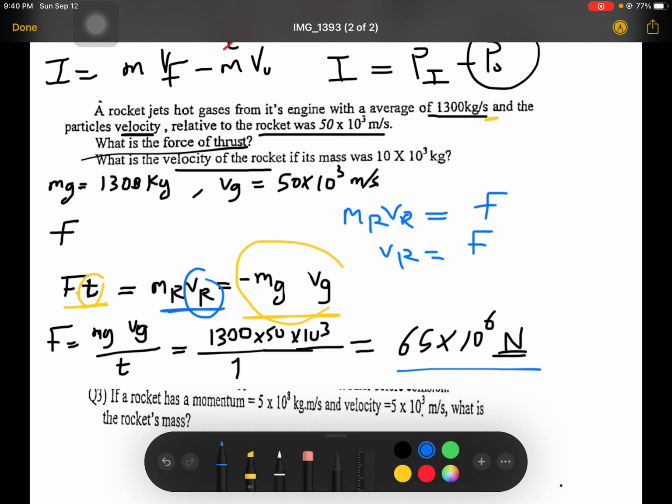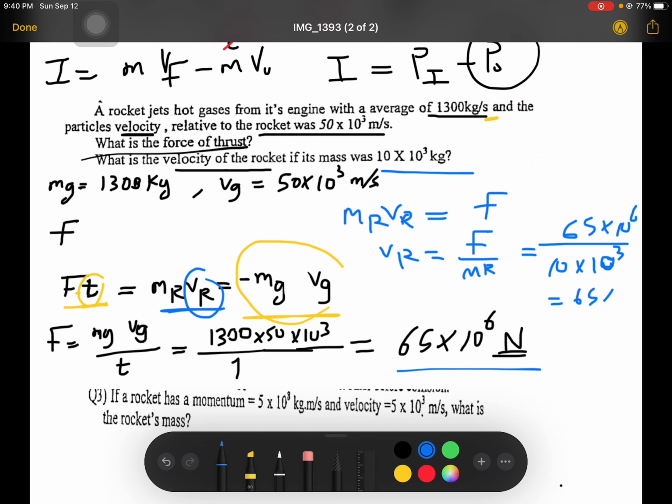So VR equals F over MR, so 65 times 10 power 6 over the mass of the rocket, 10 times 10 power 3.